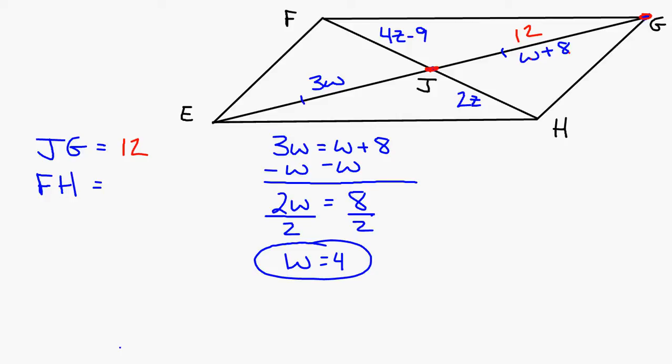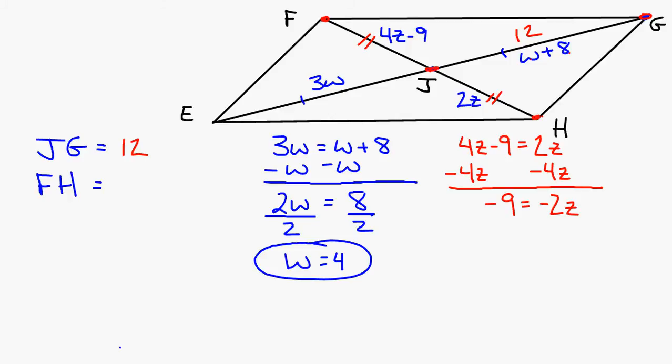Second part of the problem asks you to find F to H. And again, that's the other diagonal in this diagram. And since diagonals bisect each other, FJ is congruent to JH. So 4Z minus 9 is equal to 2Z. You can subtract 4Z from each side. And negative 9 equals negative 2Z. And divide both sides by negative 2.